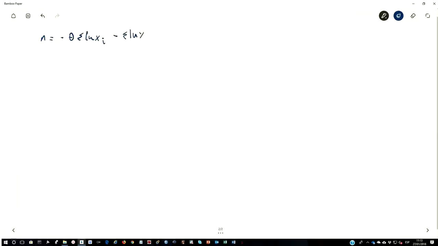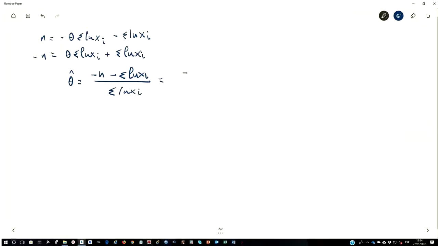So if you arrange this expression, you will reach the final expression of our estimator by the maximum likelihood method, that is equal to minus n minus the sum of the natural log of x sub i divided by the sum of the natural log of x sub i. You can rearrange that, and the final solution is a quotient with minus n divided by the sum of the natural log of x sub i, minus 1.